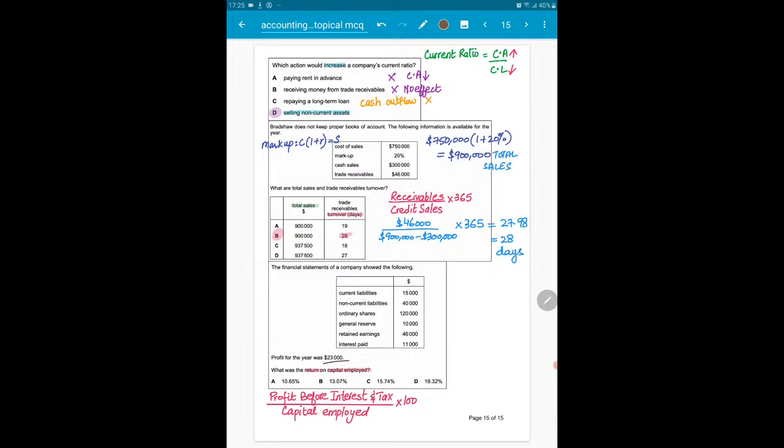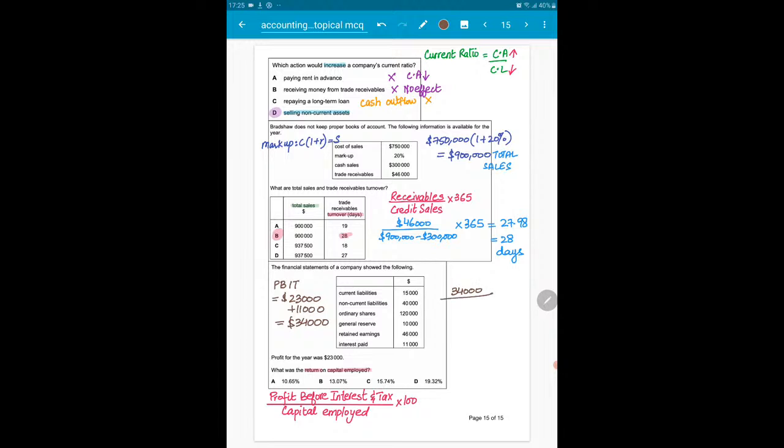To find the PBIT, just add back the interest to the profit, that is 23,000 plus 11,000, that will be 34,000. So you got the numerator figure, 34,000.